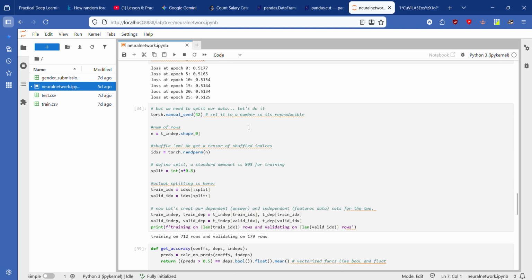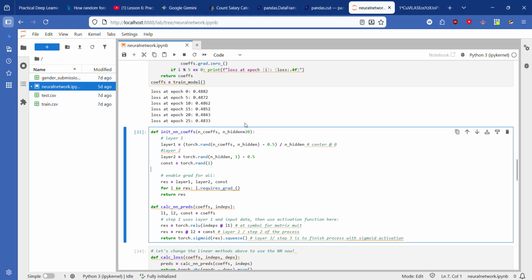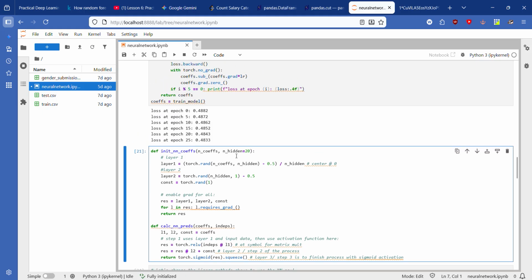So I'm going to be super hand wavy about this part here because this stuff is basically the same as the above, but we literally just introduced two layers instead of one. Of course, you could have many more layers, but I just wanted to get the point across. So look at that.